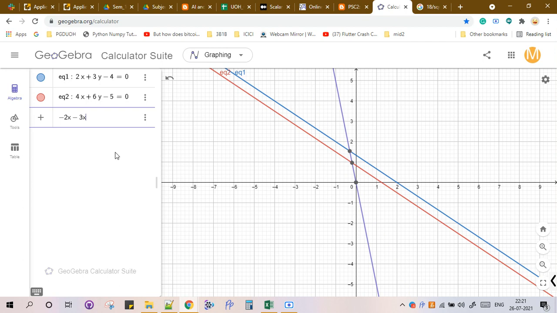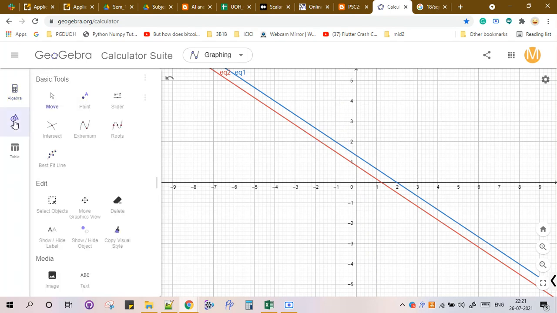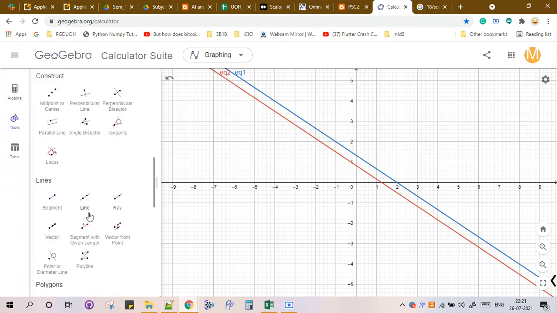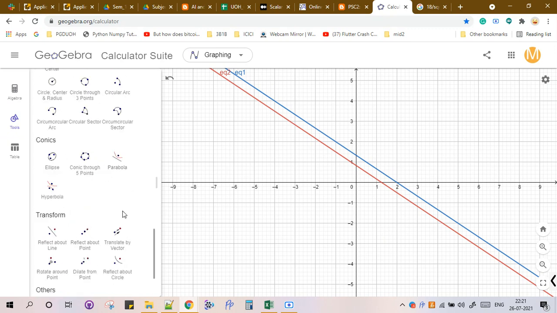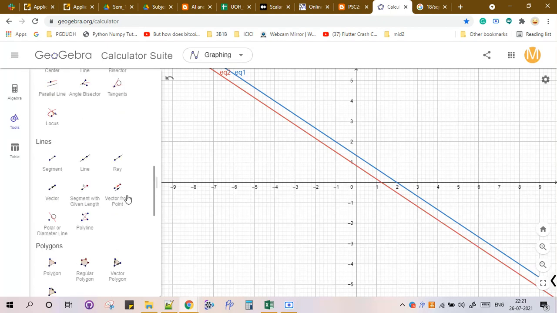Let's take a perpendicular line, then it would be easy.